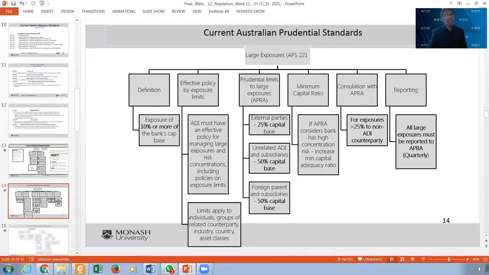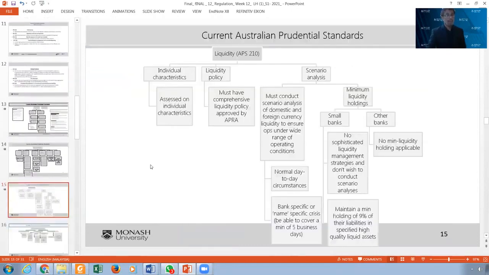But when you do that, you have to have approval from APRA, so consultation with APRA for any exposure up to the 25%. Now remember, when we talk about APS 221, which is the large exposure, it is related to credit risk.